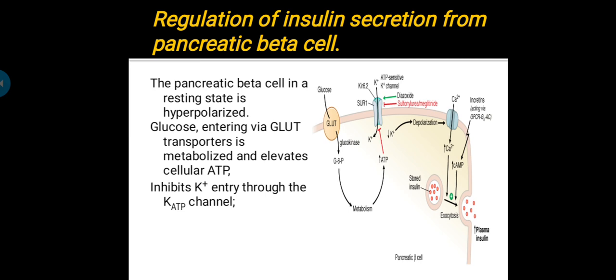This ATP generation inhibits the potassium entry through the potassium sensitive ATP channel.